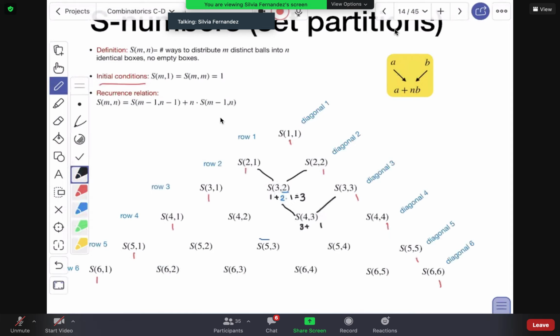That would be the usual, right? But this time around, the second term is multiplied times the 3. So this is 6. If you want this one, the usual would be 1 plus 3. But because this is a Stirling number triangle, we need to multiply times that second entry, 2. So 7. And you can keep going.